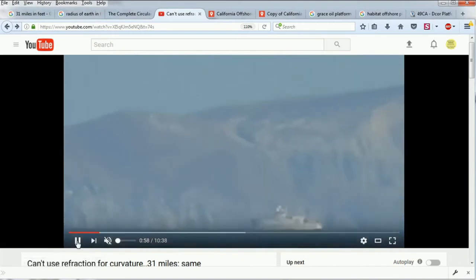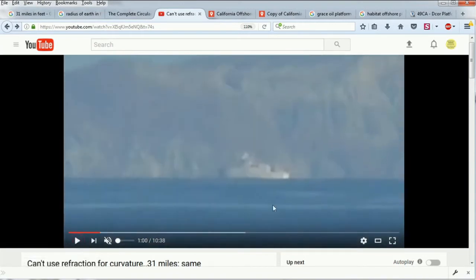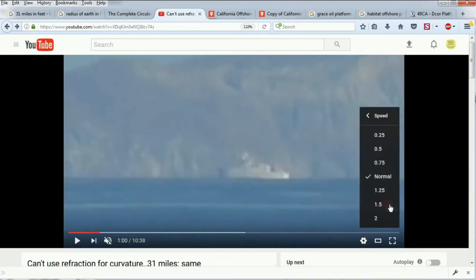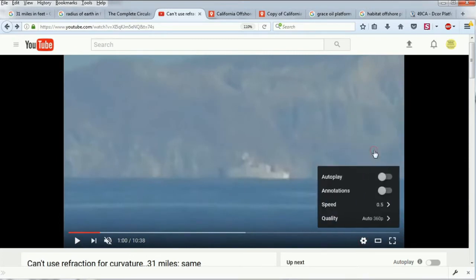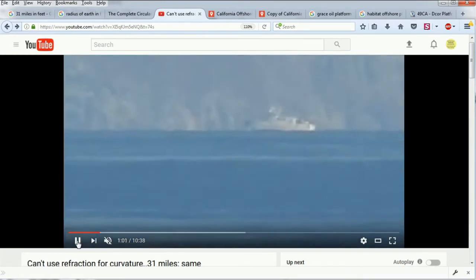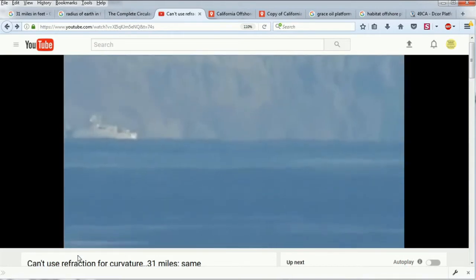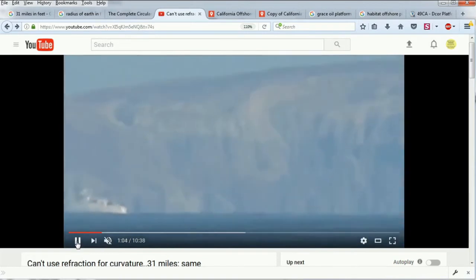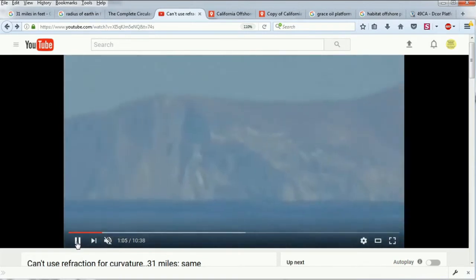And what I'm going to do here is slow this down, because I need to stop the video quite a few times. And otherwise it's just too fast. I can't catch it. So as I said, he's in the center island.